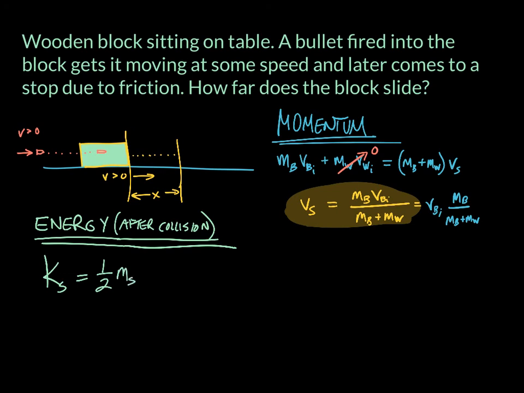And since it's on a table, we'll assume it's horizontal. We could call it x, or we'll just do v_S squared here, right?